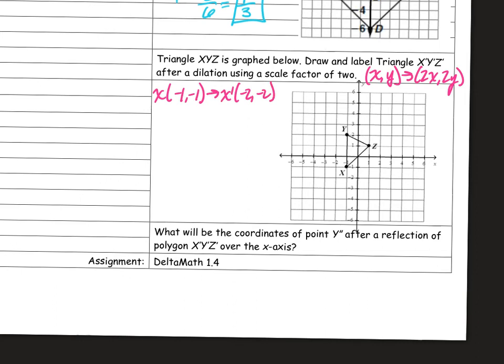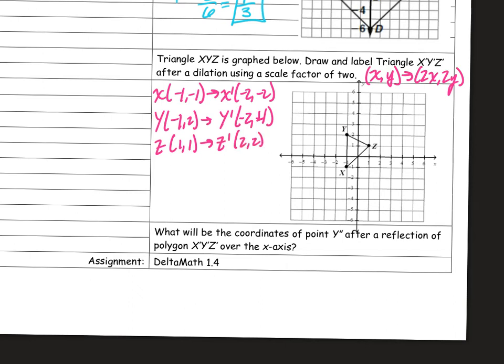I'm just going to go ahead and write all these out, and then we'll graph them. So Y is -1, 2, which is going to go to Y prime, which is -2, 4. And Z is 1, 1. And it's going to go to Z prime, which is 2, 2.